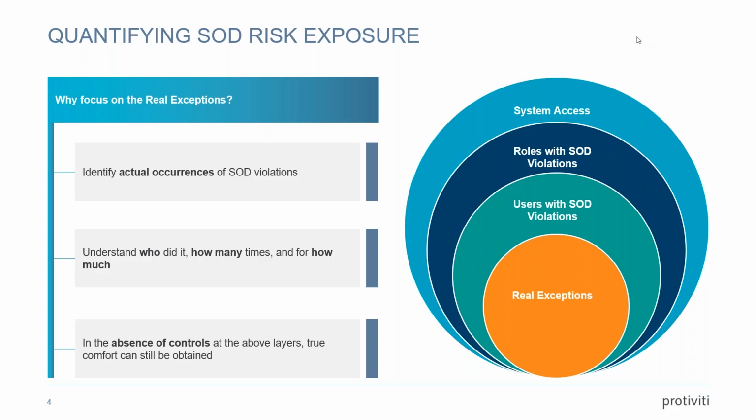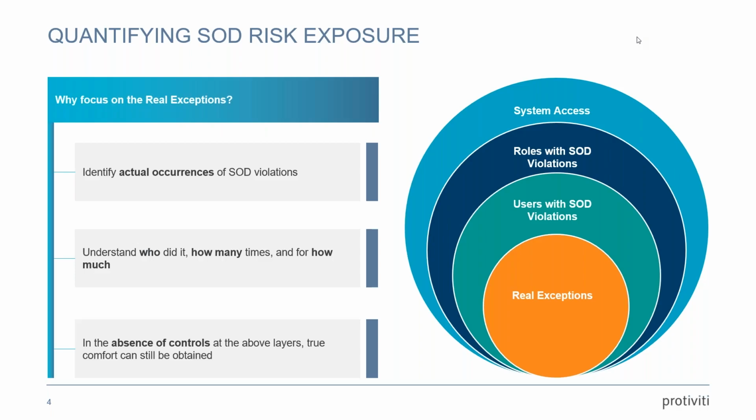Thanks, Chris. So just to pick up on this a little bit before I move on, there are a lot of different ways to do controls. If you look at the right-hand side of this slide, access control can tell you who has access to the system. It can tell you your roles with violations. It can tell you your users with SOD violations. And it can go a level between real exceptions and SOD violations, and that's the usage data, right?